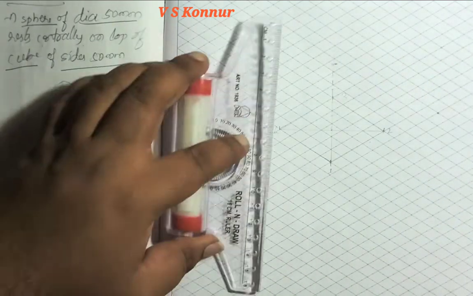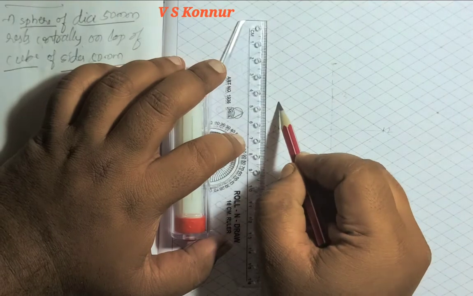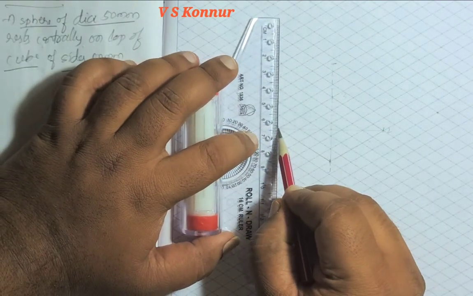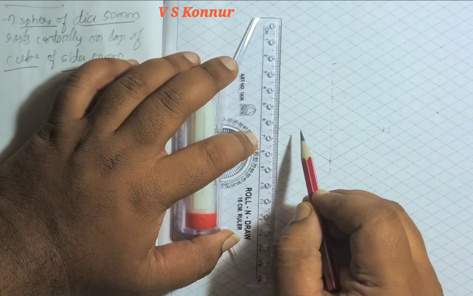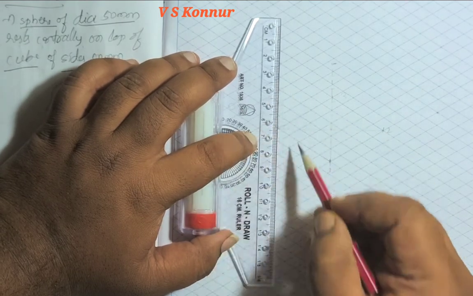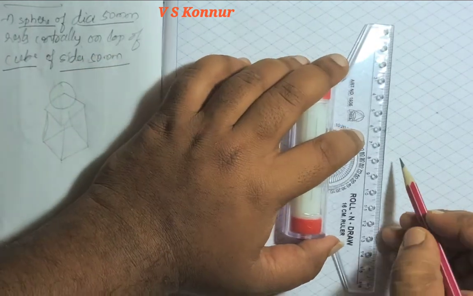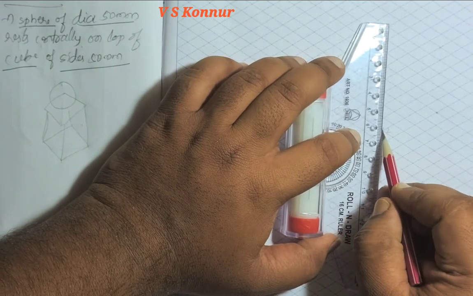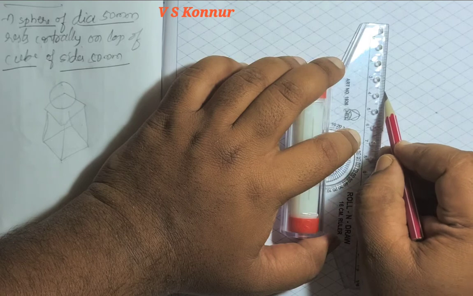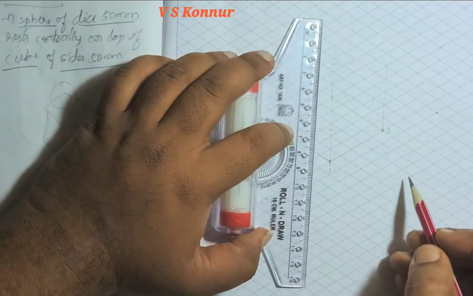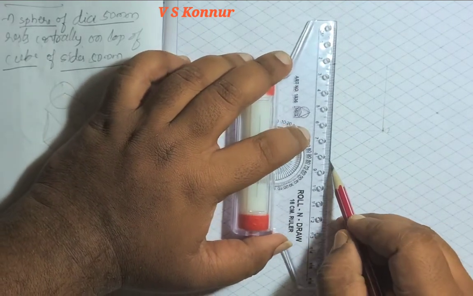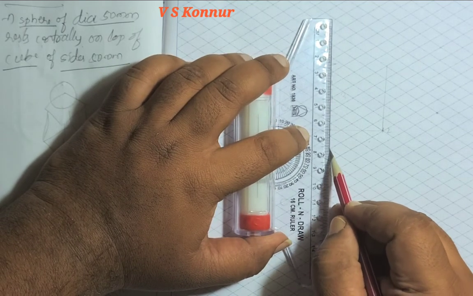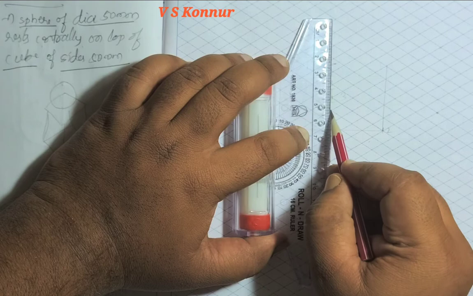For that, 1, 2, 3, 4, 5. So at the center we will get the height. I am taking height 50 millimeter, iso 50, from all the corners. 1, 2, 3, 4, 5, and the bottom one, number 1, 2, 3, 4, 5.